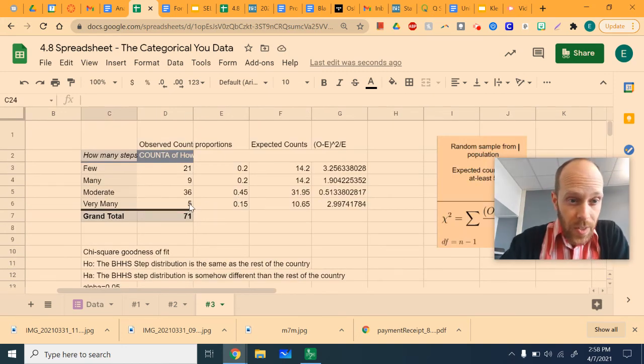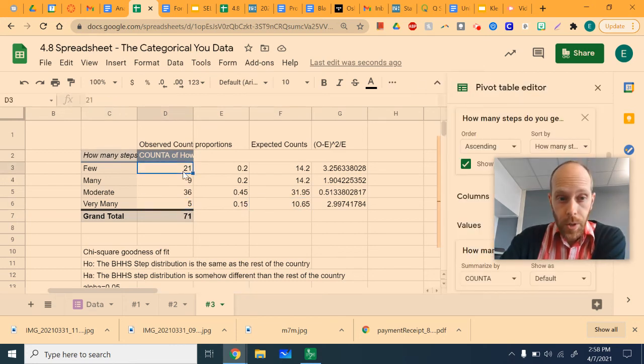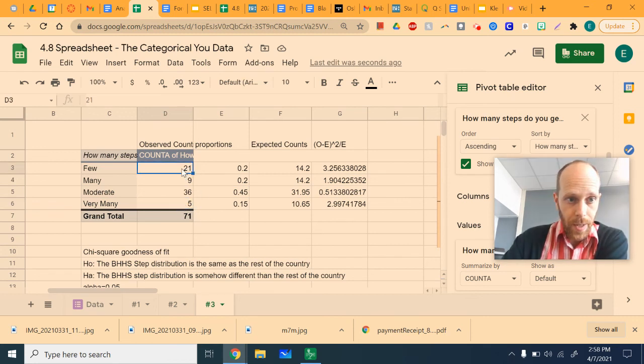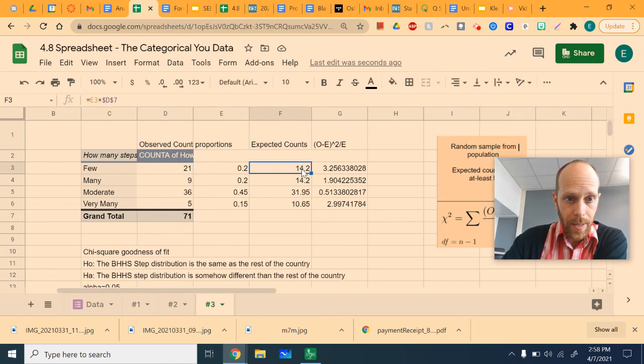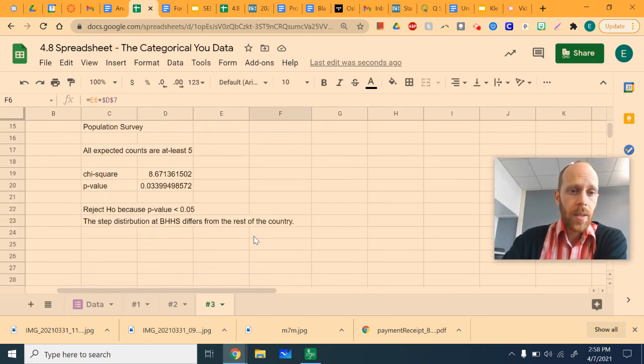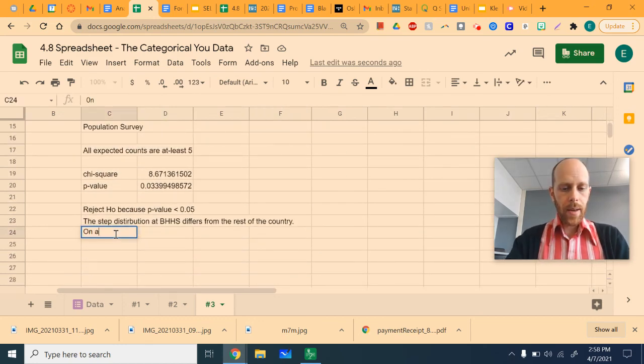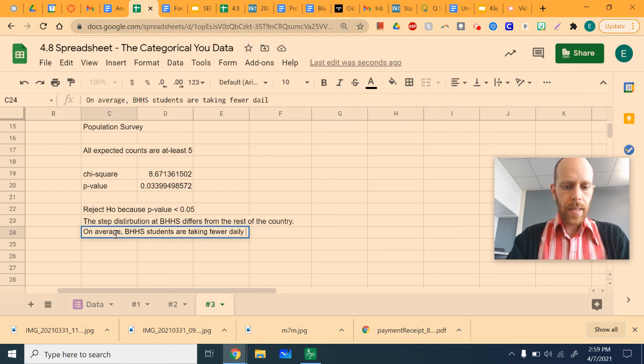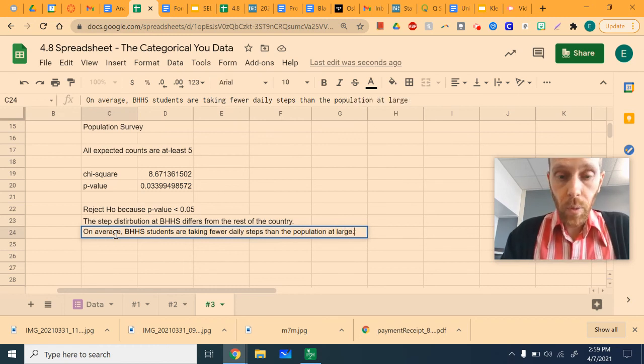So I think what we would want to say here is that we have far more students that take few steps and far fewer students that take very many steps, right? Because this 21 is bigger than we would expect, and the very many is smaller than we would expect. So maybe on average, BHHS students are taking fewer daily steps than the population at large, or the rest of the country.